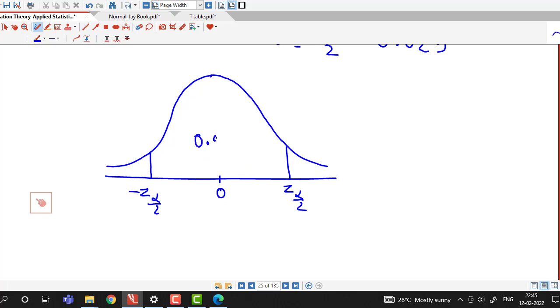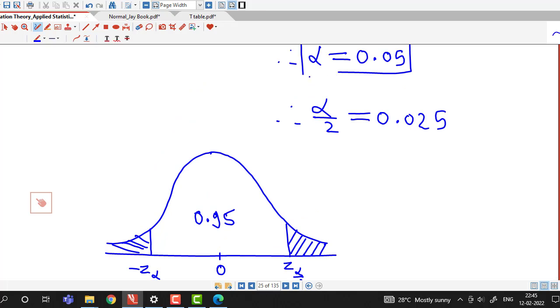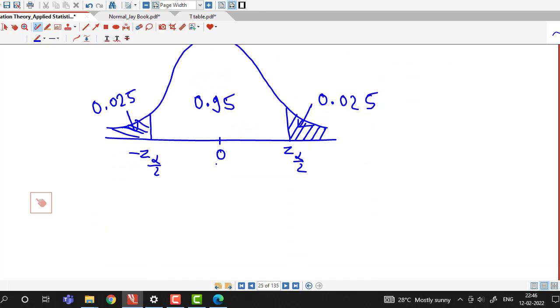This area is 0.95, and the total area in both the tails is alpha, which is 0.05. Therefore the area in the right as well as the left tail will be 0.025, so the area to the right of z alpha by 2 is 0.025.